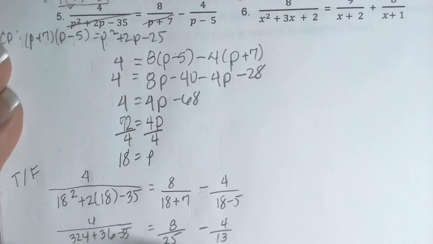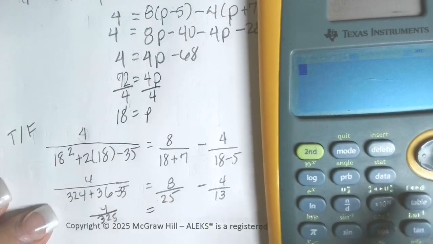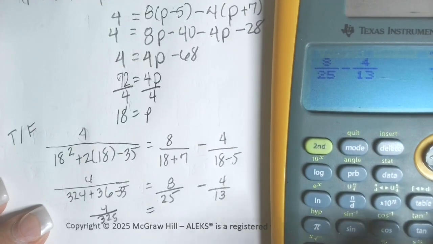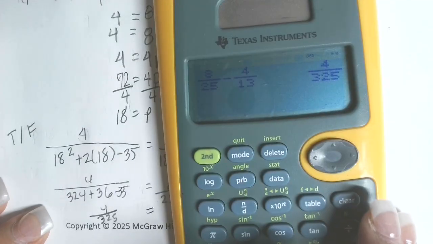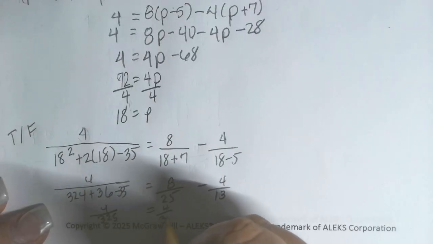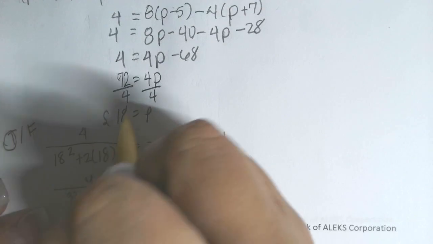What's this side? So we're going to determine the bottom. 8 divided by 25 minus 4 divided by 13. 4 over 325. Okay. So when the left equals the right, that means that it's true and that 18 is our solution.